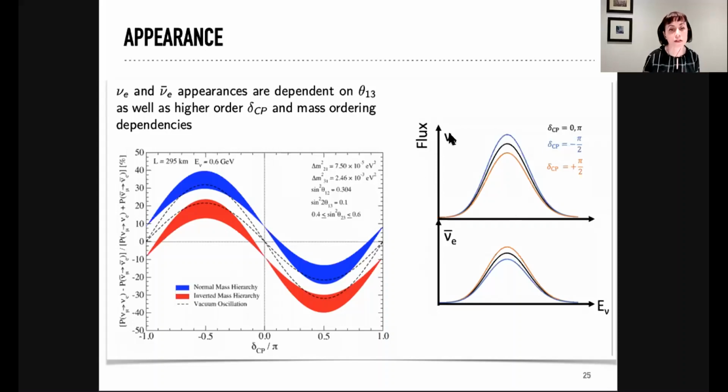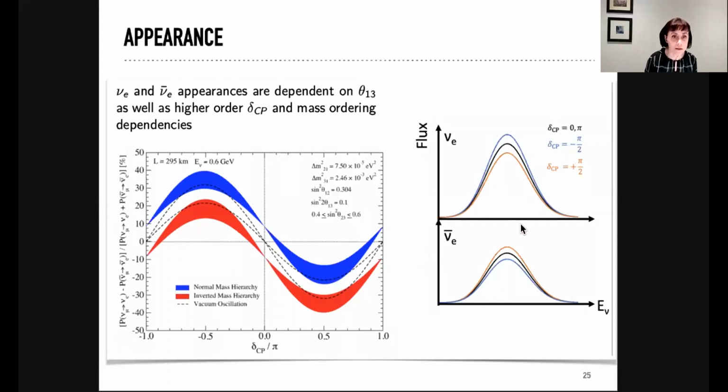So what you would see at the far detector of neutrinos and antineutrinos is different depending on the value of delta CP. So measuring the electron neutrinos or electron antineutrinos at the far detector will give you the corresponding value of delta CP. That is the CP violating phase.